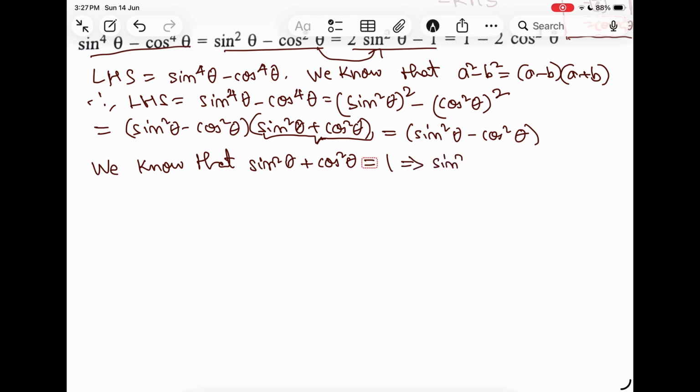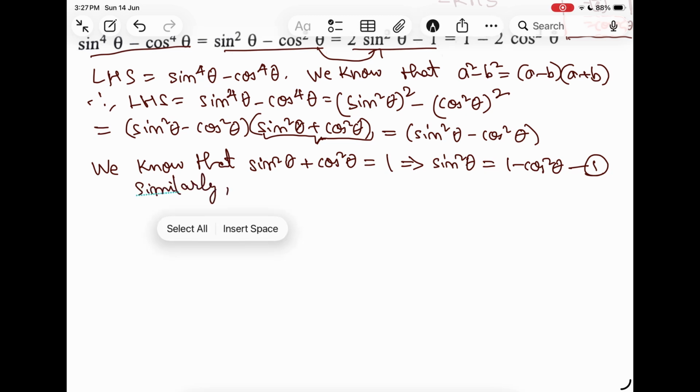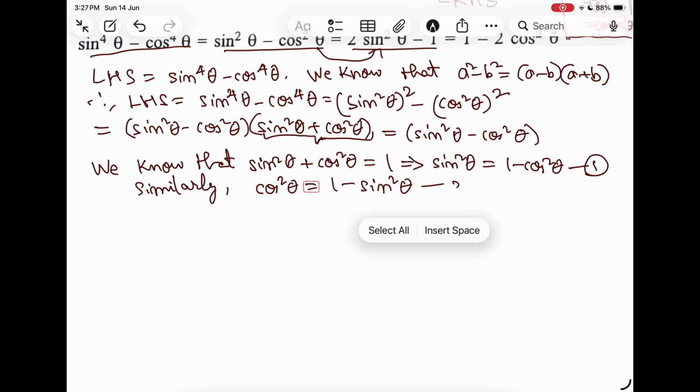Now we need only sine square theta, that is equal to 1 minus cos square theta. Now let it be equation 1. And the next we have, similarly, taking sine square theta to the right hand side, we have cos square theta equals 1 minus sine square theta. That is the second equation.